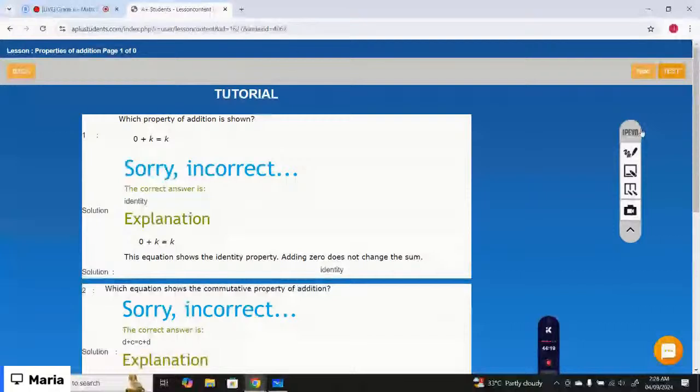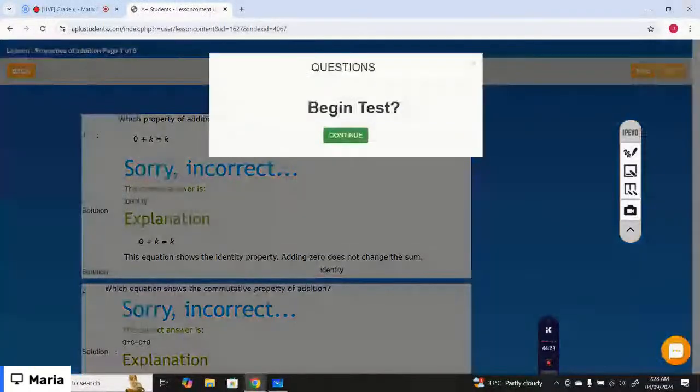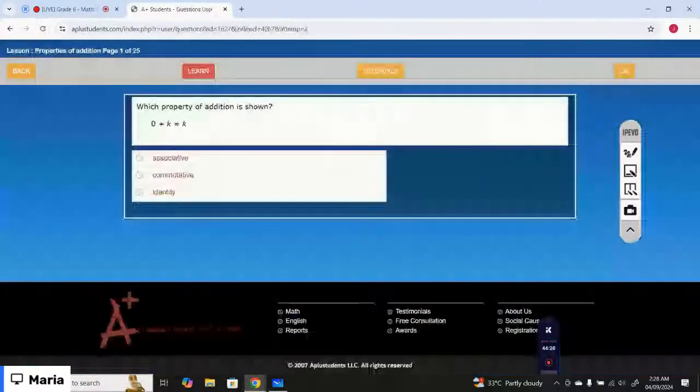Let's just start with the test questions. Okay, which property of addition is shown?